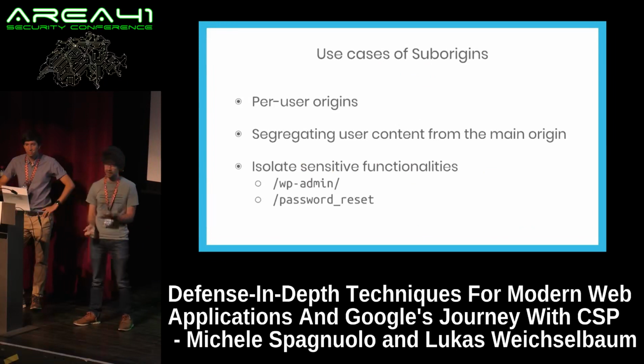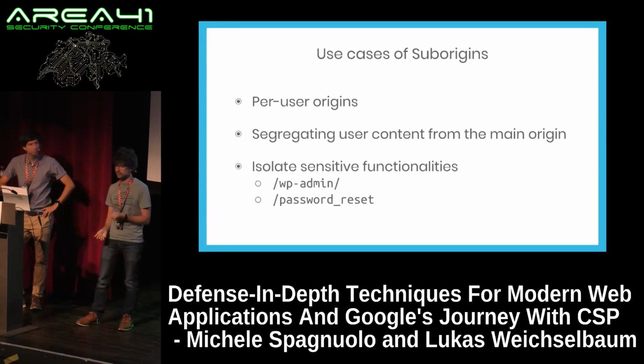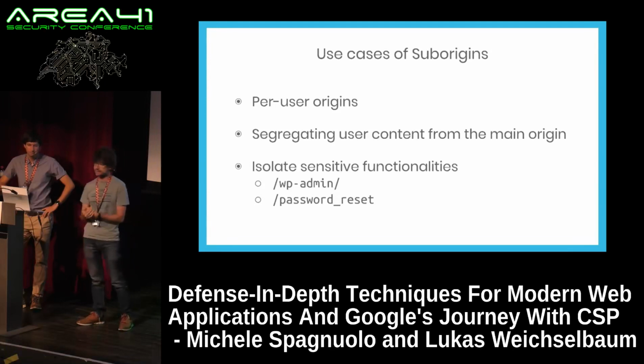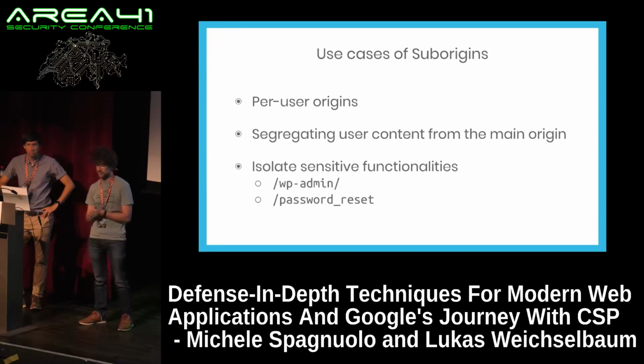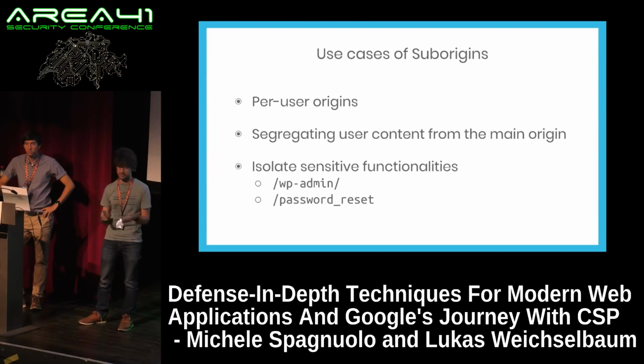So an XSS there would not be able to exfiltrate content from the main origin. Why are suborigins needed? In some cases, it's hard to isolate parts of a website that are more sensitive or have poorer coding practices by using subdomains or completely separate domains.